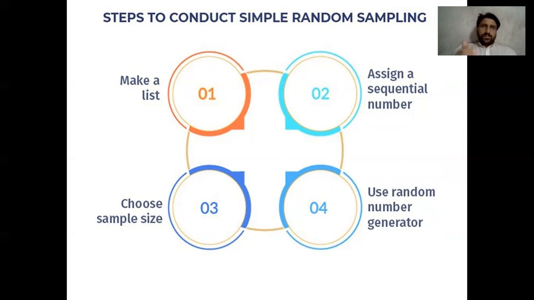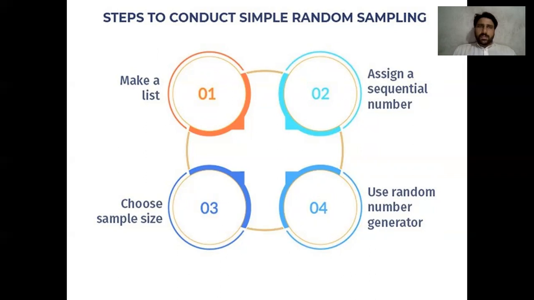If you give them sequential numbers, let's say 1 to 100, and you decide that you need random sampling, you just click one button and random numbers will be generated. The first one can be 2, the second one can be 5, the third one can be 6, then the next can be 11.